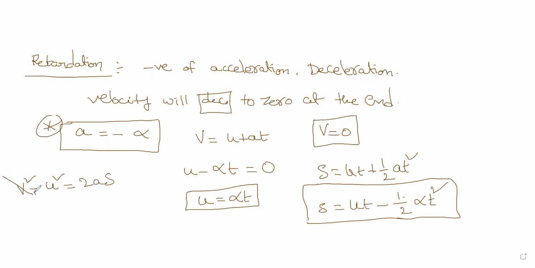So v 0 పెట్టాలి. a is equal to minus alpha పెడితే minus u square is equal to minus 2 alpha s వస్తుంది మీకు. సో both sides minus ఉంటే cancel చేసి plus చేయొచ్చు. Then you get s is equal to u square by 2 alpha.